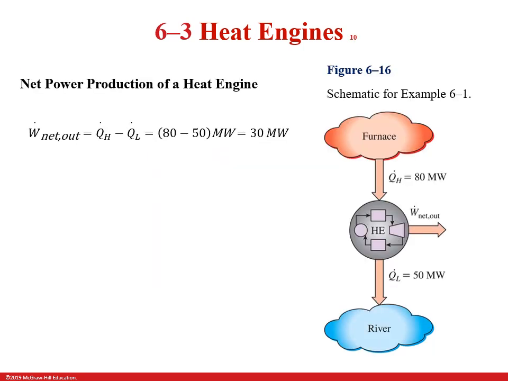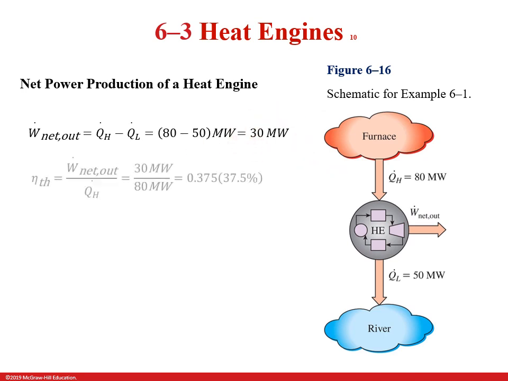You can also take the time rate of change of these things. You can take the work divided by time and heat divided by time, and you can get power production. So this is the net power. If you're transferring heat at 80 megawatts and rejecting heat at 50 megawatts, your net power is 30 megawatts.